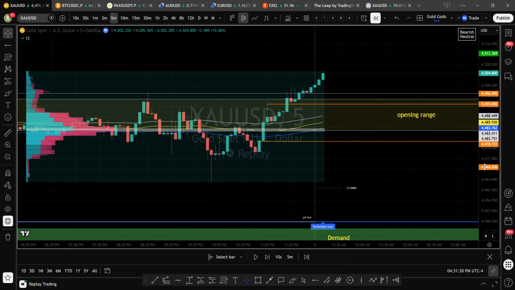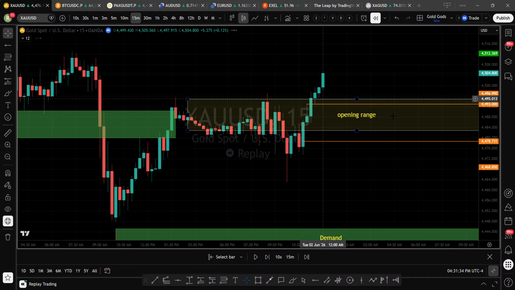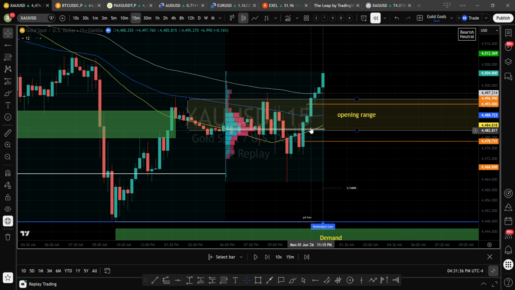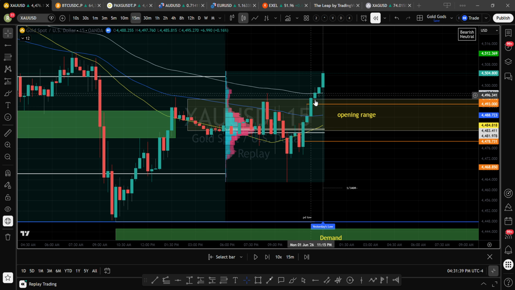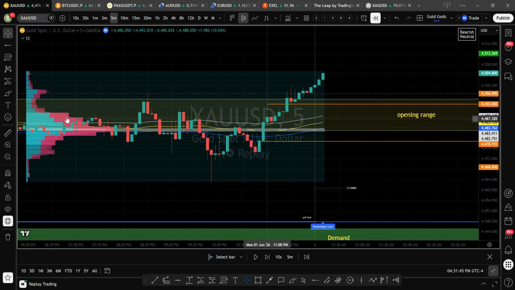So now, you missed the train initially on the 15-minute. It's too late because the train station is here. But you dropped down to the 5-minute and you saw this wick.